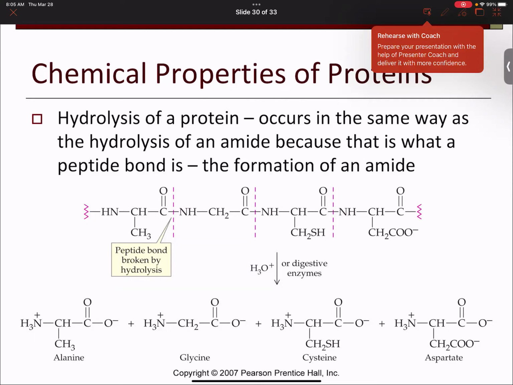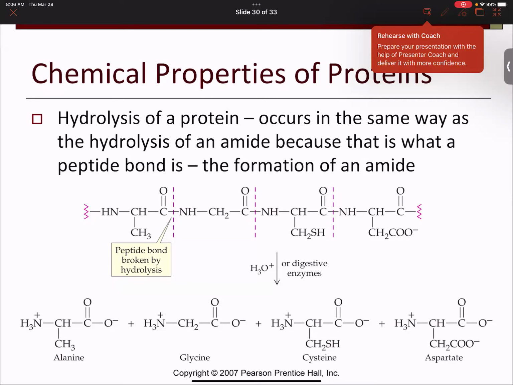Those side chain interactions are extremely important in how globular proteins form their shape. And then we talked about quaternary, which is when you have multiple proteins come together to do a job.